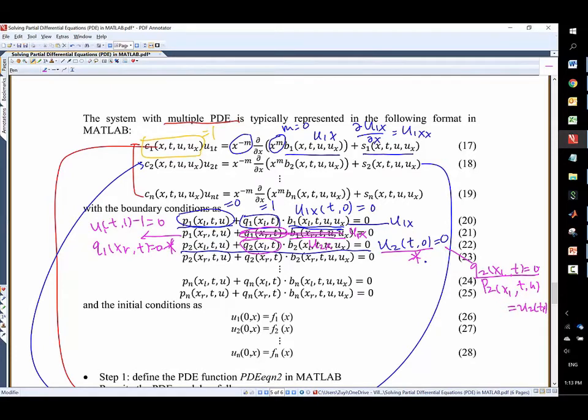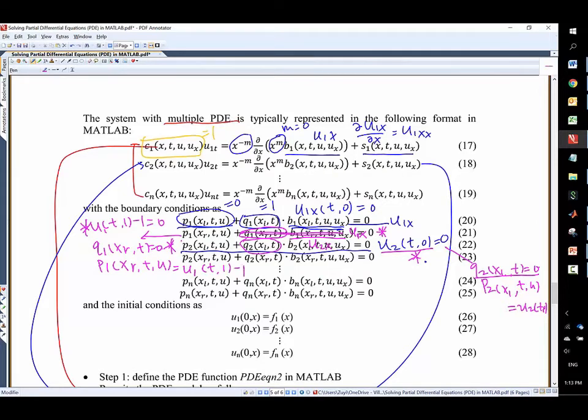So compare this boundary equation with this one.